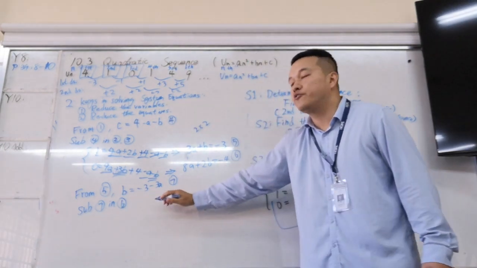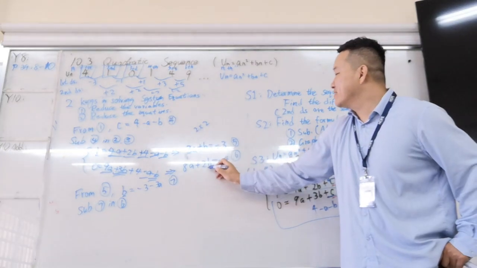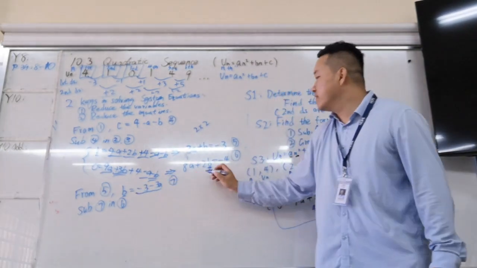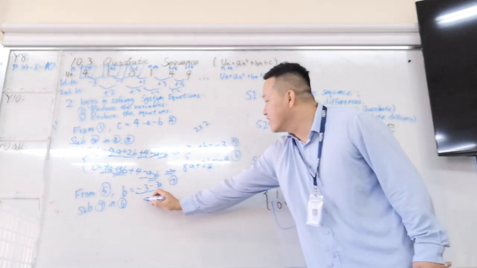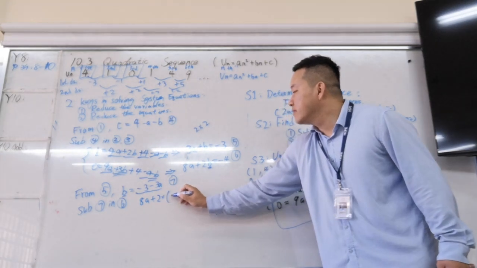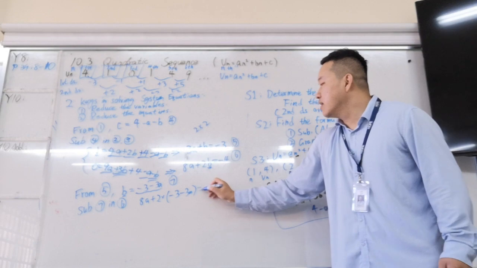So if you sub 7, you're going to replace B with what? If you replace B with this part, then you get 8a plus 2 times minus 3 minus 3a. Yes, correct.